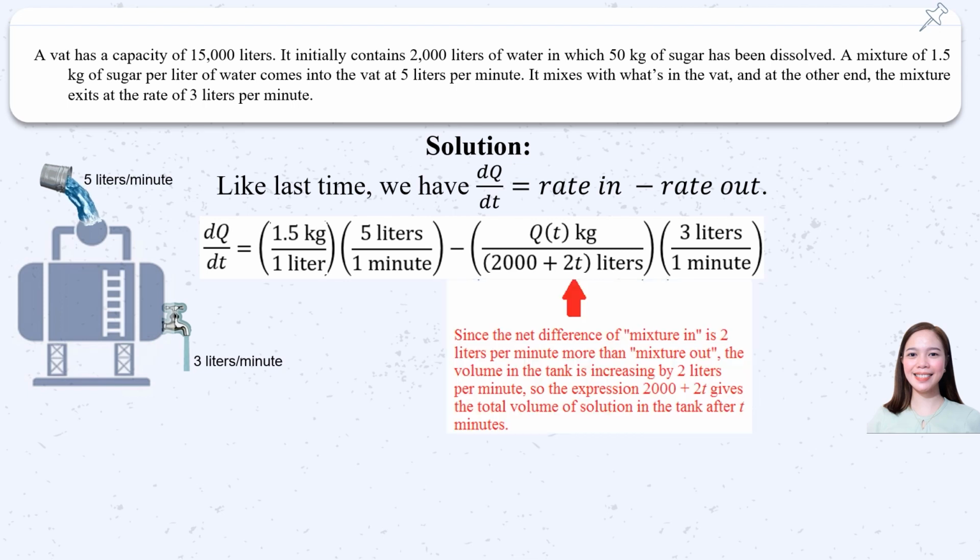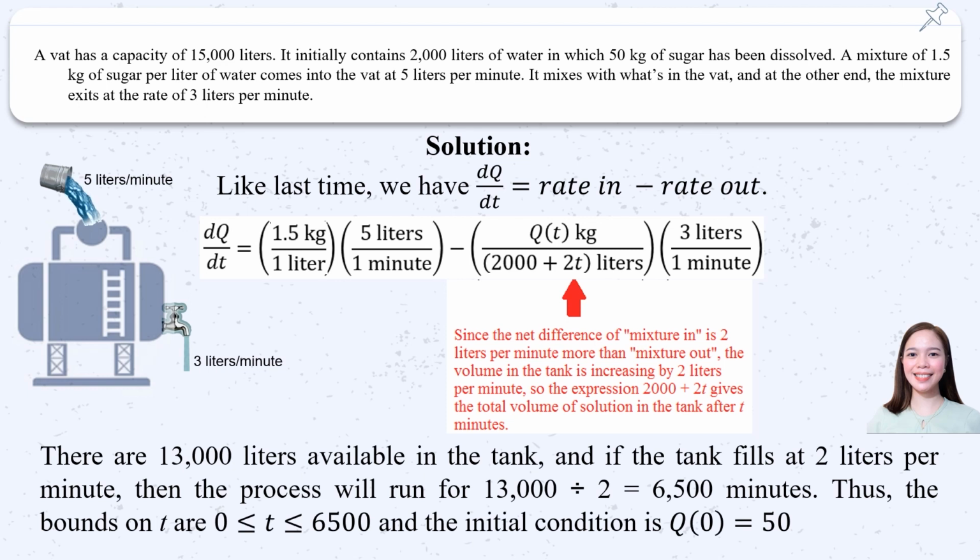Observe that since the net difference of mixture in is 2 liters per minute more than the mixture out, the volume in the tank is increasing by 2 liters per minute. So the expression 2000 + 2t gives the total volume of solution in the tank after t minutes.